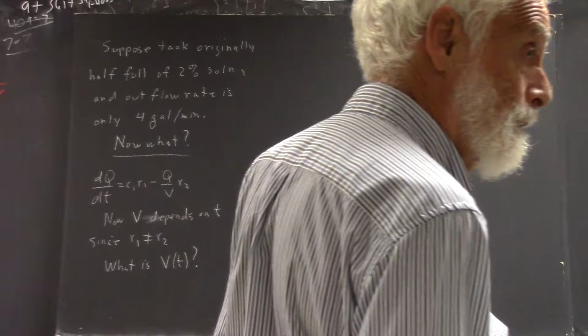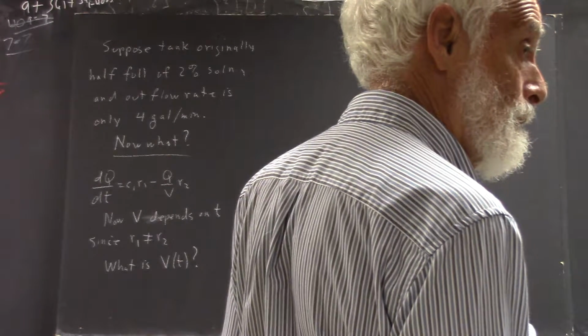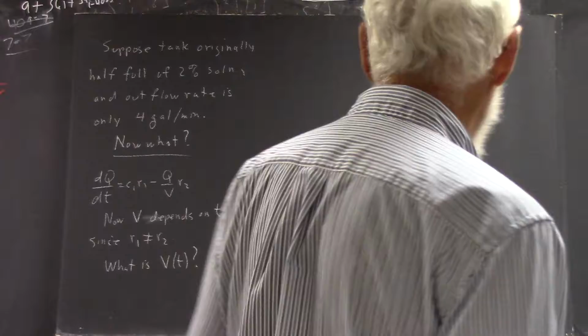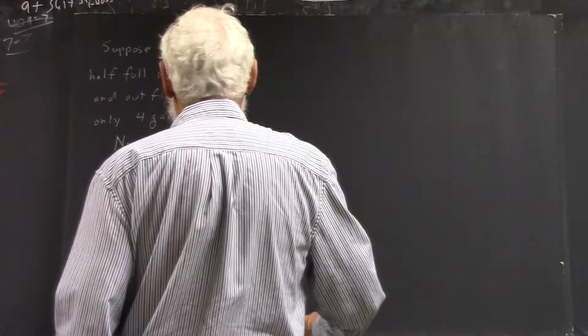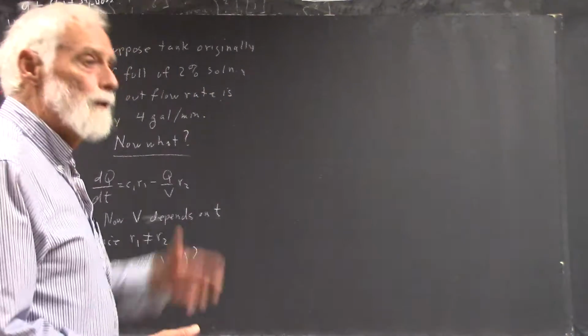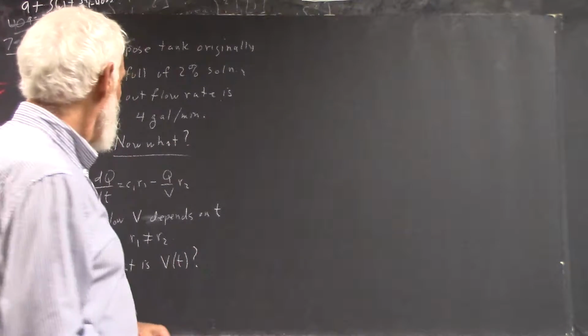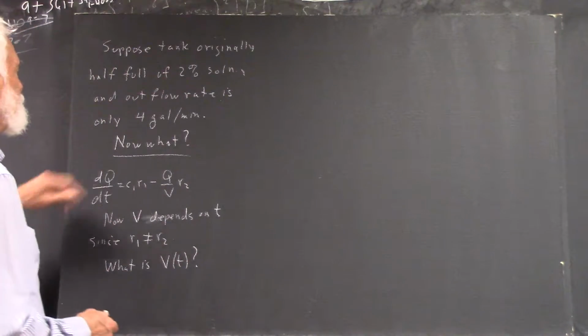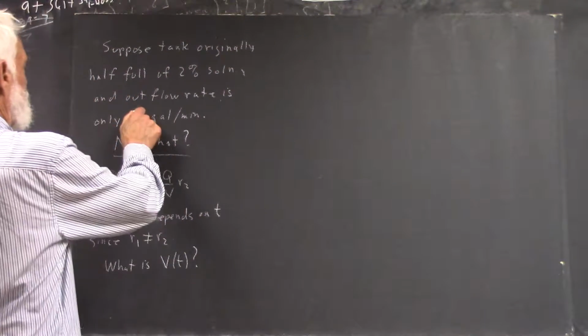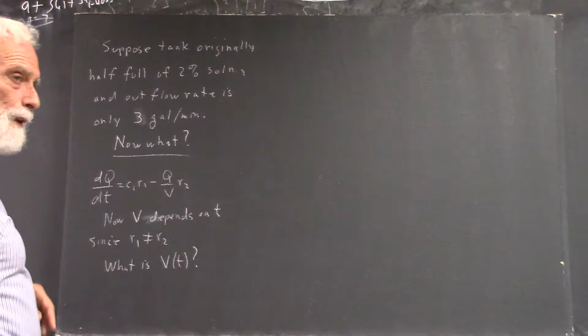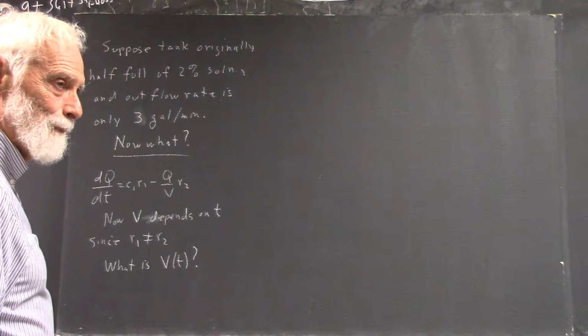So it's 50 gallons plus 5T minus 4T. Yep, exactly, so just 50 plus T. You're gaining 5 gallons a minute, you're losing 4, you're gaining 1. So I'll actually change the conditions a little bit so we have something besides a 1. Okay?